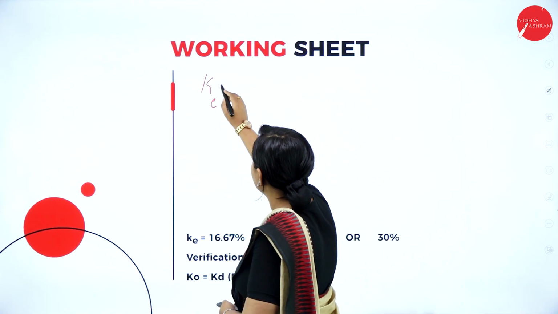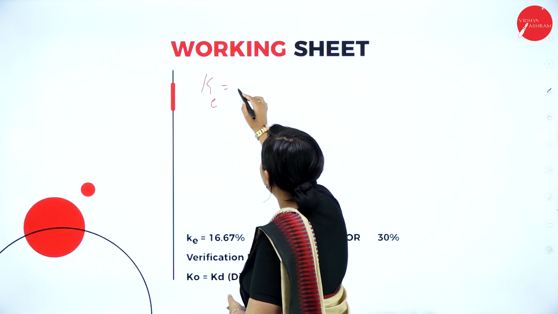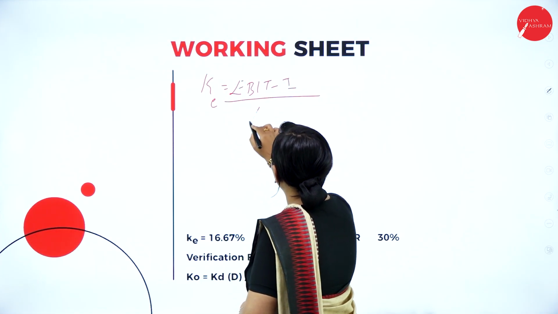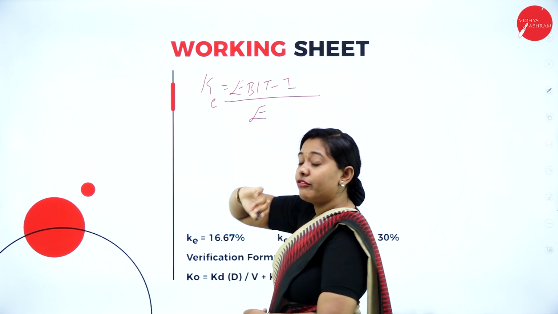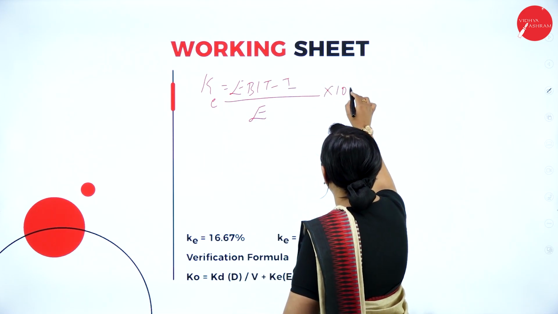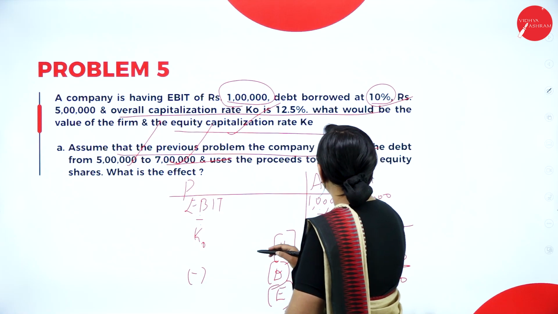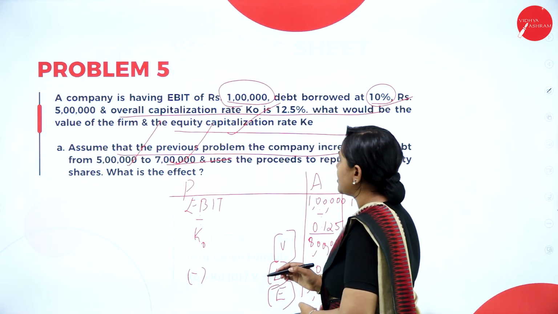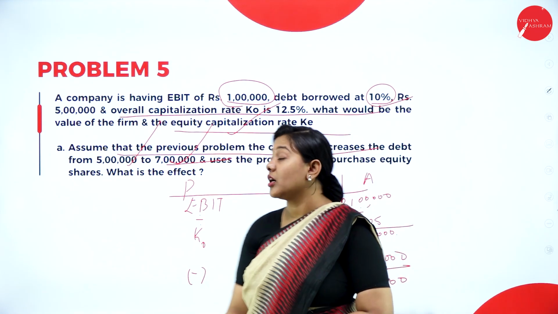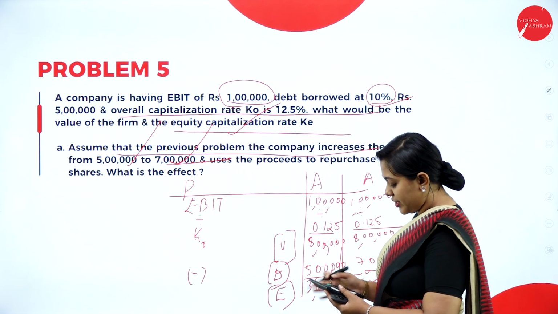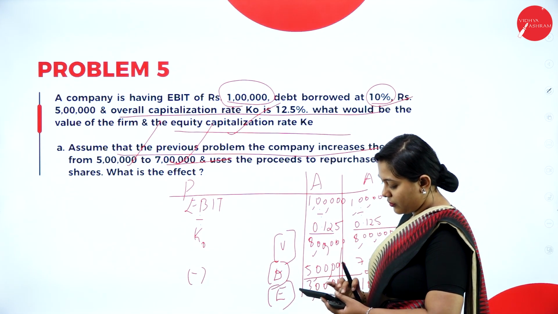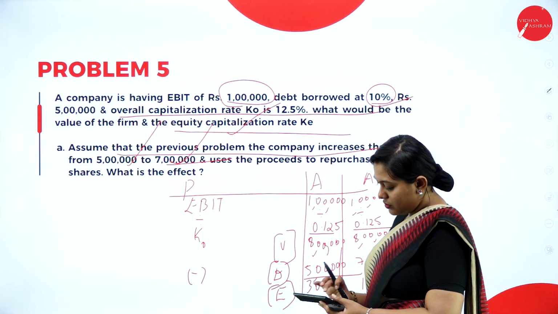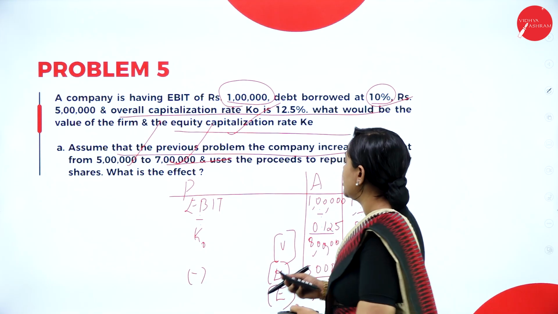Equity capitalization rate is equal to EBIT minus interest divided by market value of equity into 100. So what is EBIT? 1 lakh is EBIT minus interest. So 5 lakh at 10% interest is 50,000.